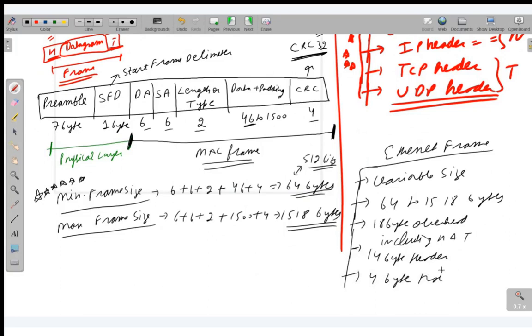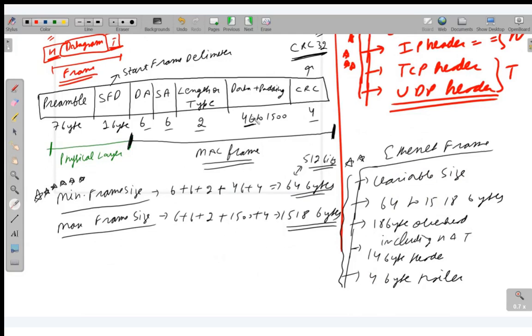You have to remember these points. Very very important, many times questions have been asked. So Ethernet frame: header size 14 byte, trailer size 4 byte, 14 plus 4, 18 byte overhead in total. Minimum frame size 64, maximum 1518 bytes, and the Ethernet frame is of variable size. You should remember these points.